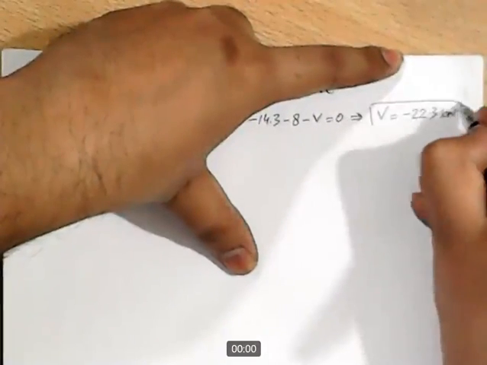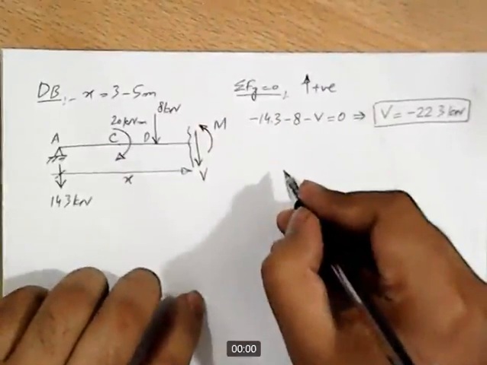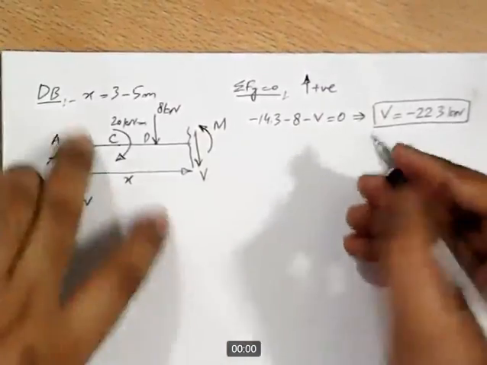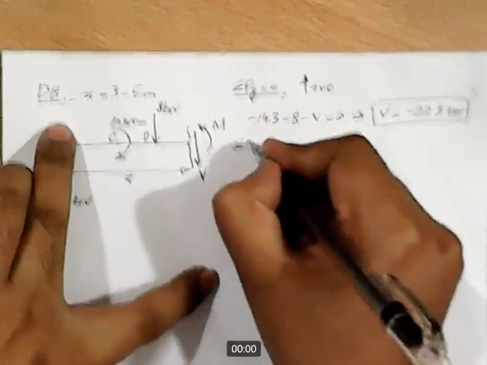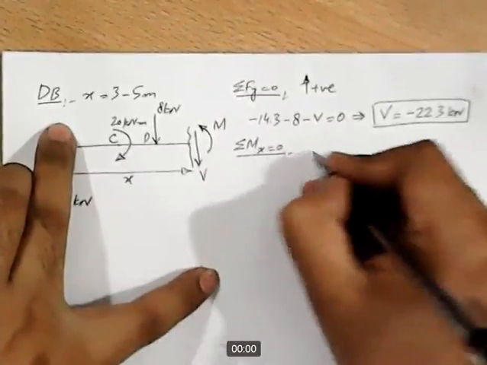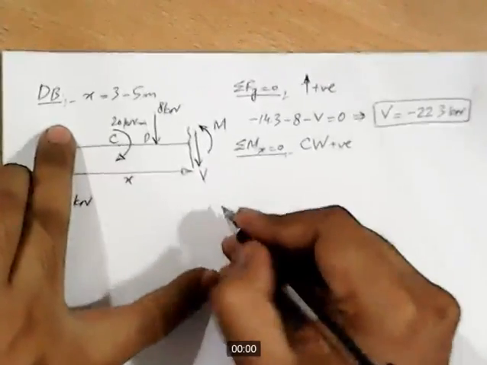And again, the value of shear is constant for this region, so we don't need to calculate the value of shear separately for points D and B. Now for bending moment, sigma Mx equal to 0, clockwise moment as positive.